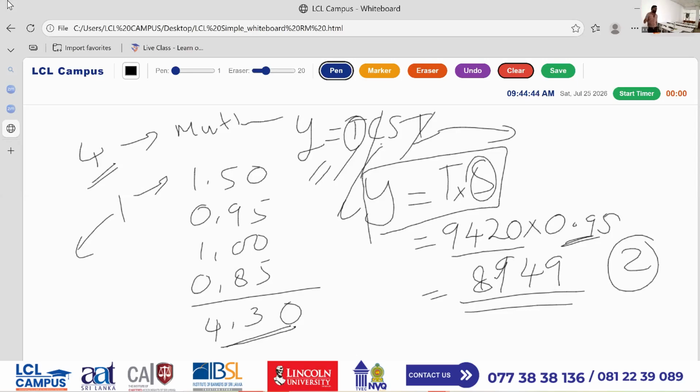The seasonal indexes are provided for 4 quarters, these are the 4 values. After adding them, the total should come to 4. I don't know why 4.3 is coming in this question; maybe some mistake. It should be 4. If 4, they have used the multiplicative model. If the total of the seasonal indexes becomes 0, that means they have used the additive model, right?